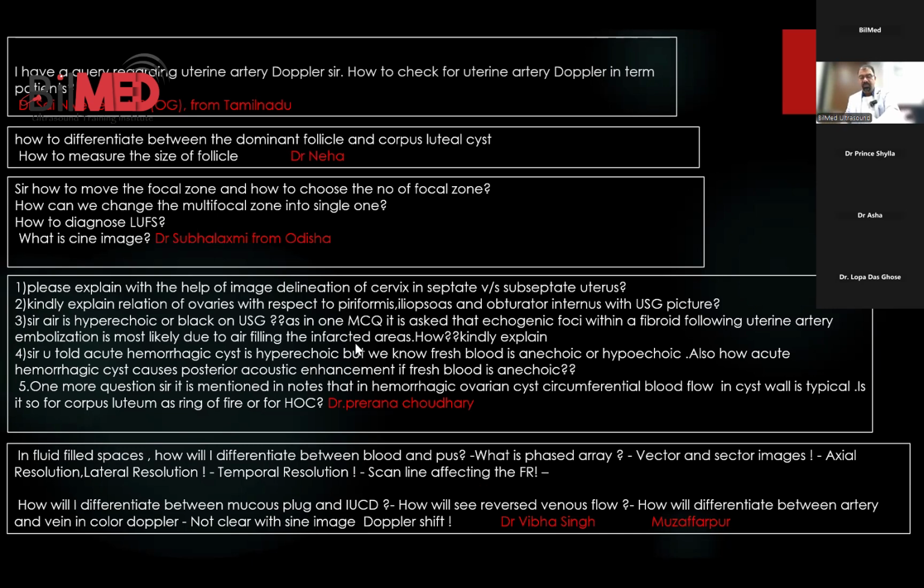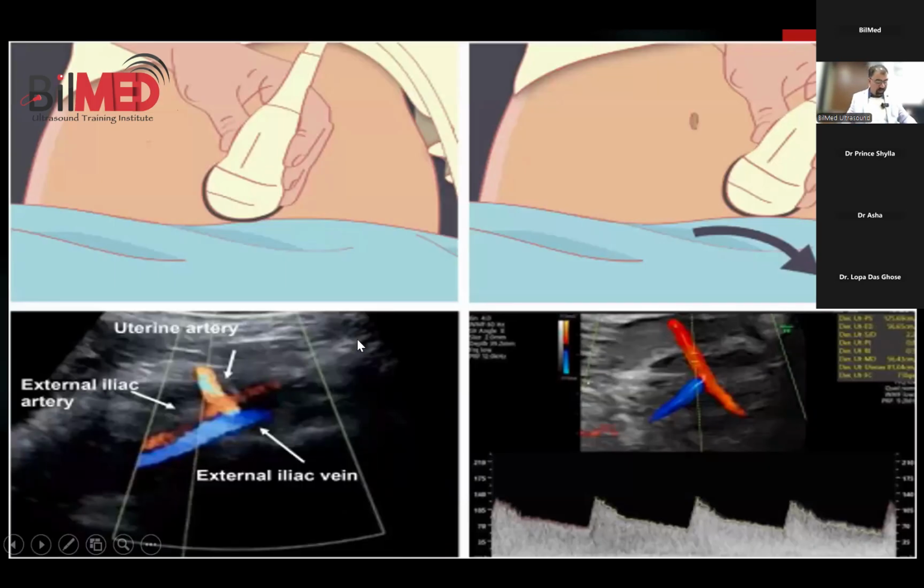And first question, I am having a list as already told with me. From Dr. Sai is that I have a query regarding the uterine artery, how to check the uterine artery Doppler. Now, first of all, please be very clear that a uterine artery in a term pregnancy is not having so much significance.